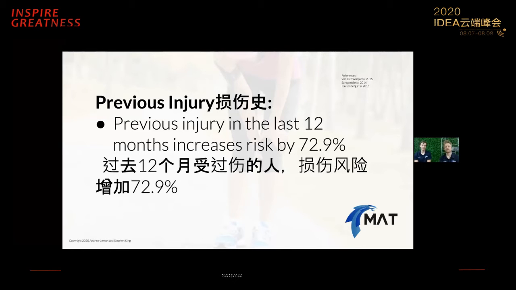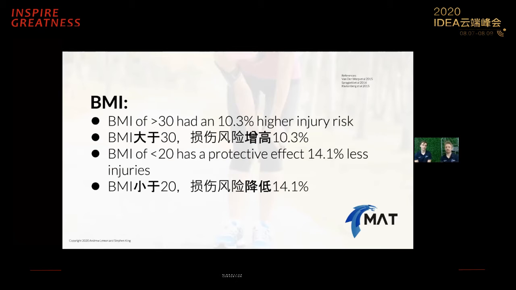For example, if we see a runner who has had an injury in the last 12 months, this increases their risk of another injury. We also need to understand how body weight can affect risk of injury.